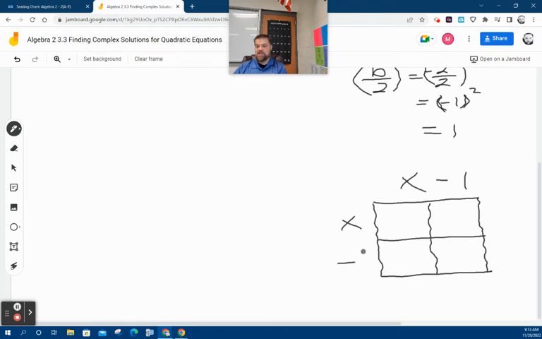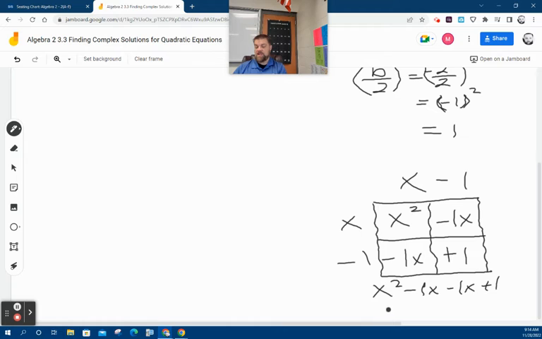X minus 1. So when I multiply this out, I get x times x, which is x squared. This becomes negative 1x. This becomes negative 1x. And then negative 1 times negative 1 is positive 1. When you multiply that out, you get x squared minus 1x minus 1x plus 1.